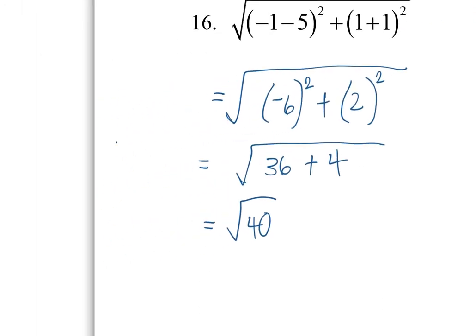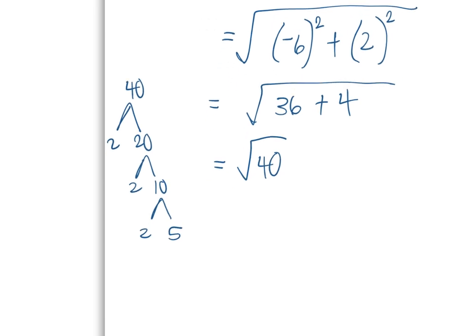So 40 is 2 times 20, and 20 is 2 times 10, and 10 is 2 times 5. So the square root of 40 is equal to the square root of 2 times 2 times 2 times 5. And what repeats, now we just got through doing a few cubed roots, so we're back to a square root. So our index is 2. We're looking for something that repeats twice.